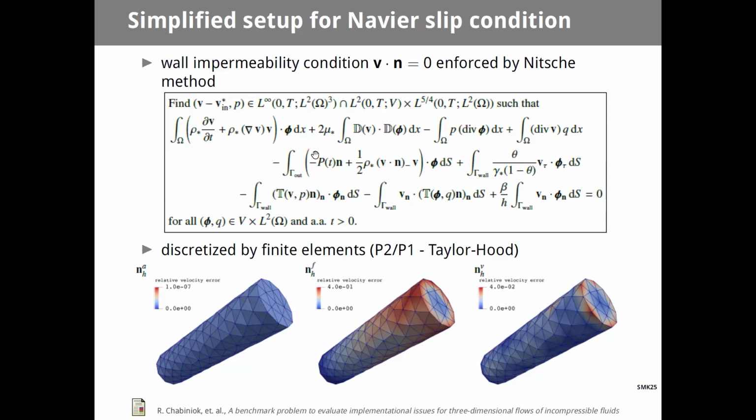This one is the outflow boundary condition, which is not important now. But then there are these three terms in the last row, which implement the Nečas method for the condition that the normal component of the velocity is 0 on the boundary.